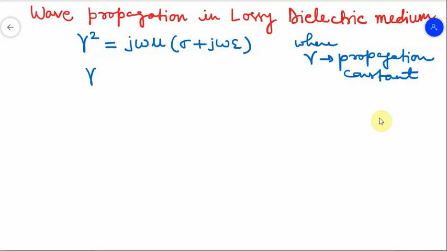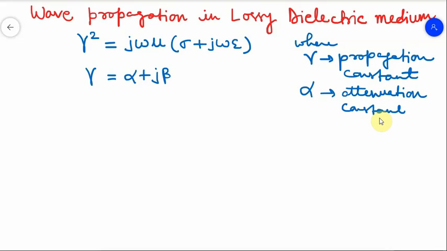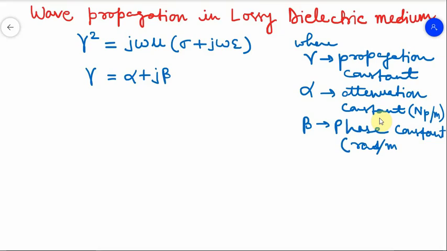So this gamma can be represented as alpha plus j beta, where alpha is the attenuation constant, measured in Nepers per meter. And beta is the phase constant, which we have discussed earlier also, and it is measured in radians per meter.